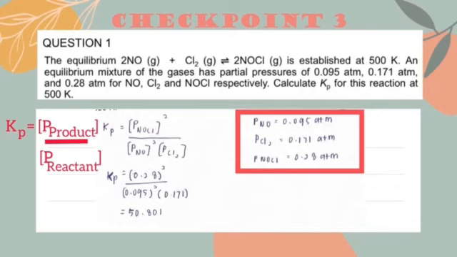So we just insert the product, which is NOCl to the power of 2, over the partial pressure of NO to the power of 2 multiplied by the partial pressure of Cl2. After that, we calculate the equilibrium expression using a calculator, and finally we get the answer, which is 50.801.